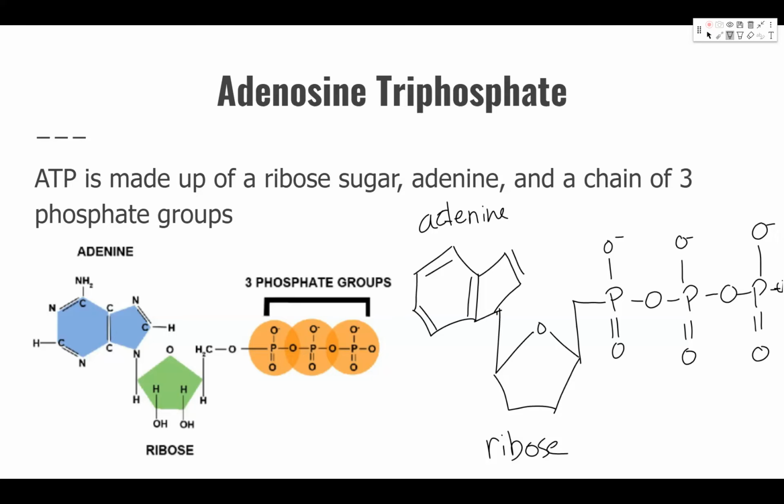From the very, very beginning of the year, we talked about all of these special groups that are added on to different organic molecules. This was one of them. We've got 1, 2, 3 phosphate groups.